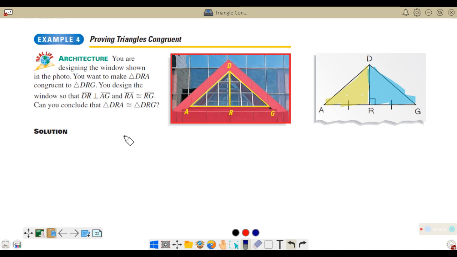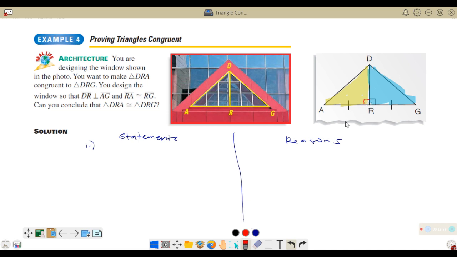So, let's have the statements on one side and the reasons on the other side. Let's start with the given. What is the given? You design the window so that DR is perpendicular to AG. If DR is perpendicular to AG, you will be creating two angles that are congruent.